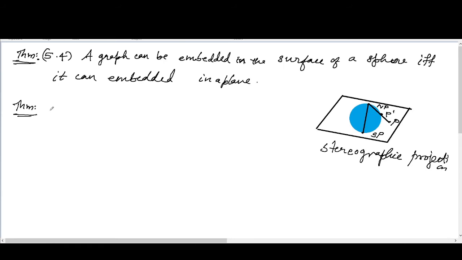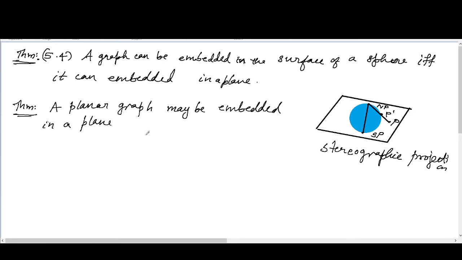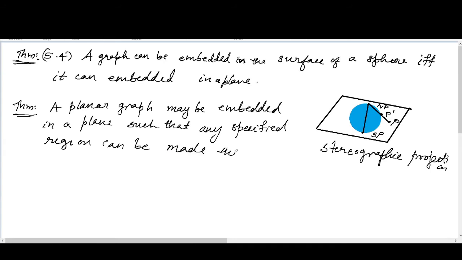The theorem says a planar graph may be embedded in a plane such that any specified region can be made the infinite region.